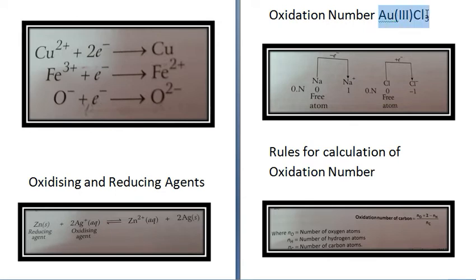In this case, what is this III representing? The oxidation state of gold, which is given in parentheses or in brackets. So this is how, for metals, the oxidation number is mentioned.